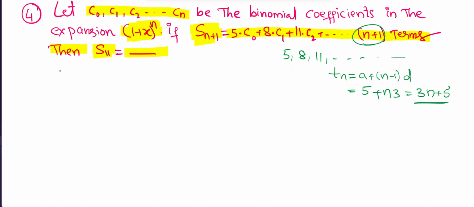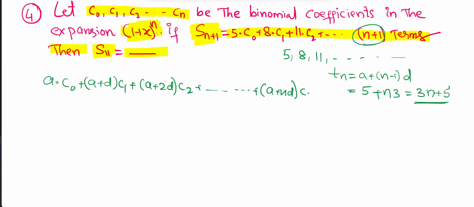We know the formula, this is the shortcut formula: A into C0 plus A plus D into C1 plus A plus 2D into C2 plus up to A plus nD into Cn is equal to 2A plus nD into 2 to the power of n minus 1. This is the shortcut formula if the coefficients are in AP series.